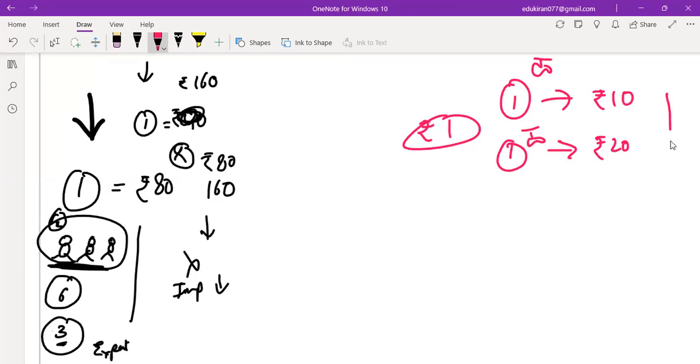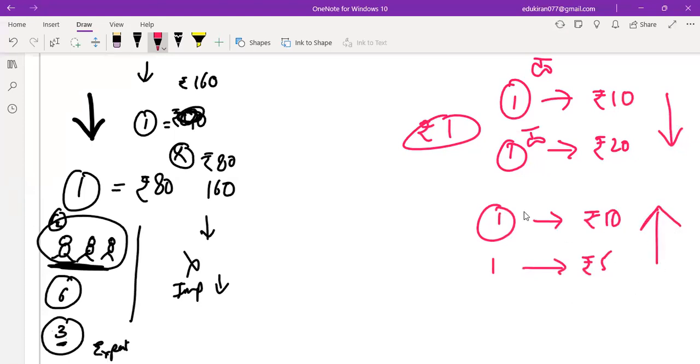So this is depreciation of your own currency. But if earlier to purchase $1 you were giving 10 rupees, and now to purchase the same dollar you have to give 5 rupees, there is appreciation of your currency, because you can purchase the same apple for less money. Is it clear?